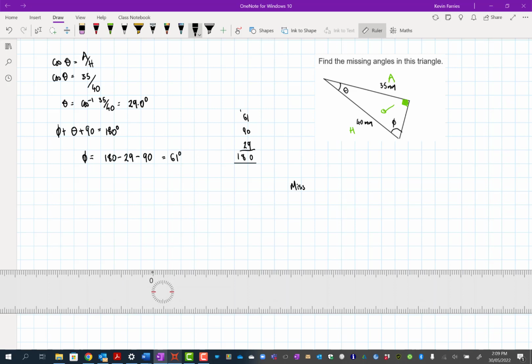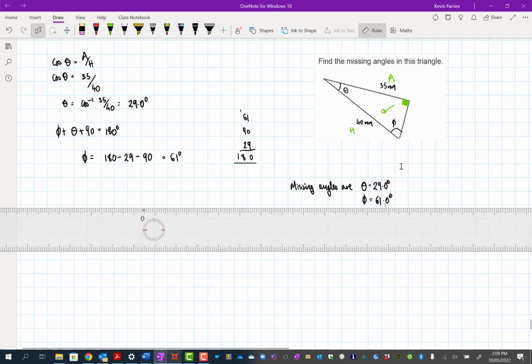So the missing angles are theta equals 29.0 degrees and phi equals 61.0 degrees. Maybe you don't need to write them to three significant figures, but I'm just showing that you've done it to three significant figures.